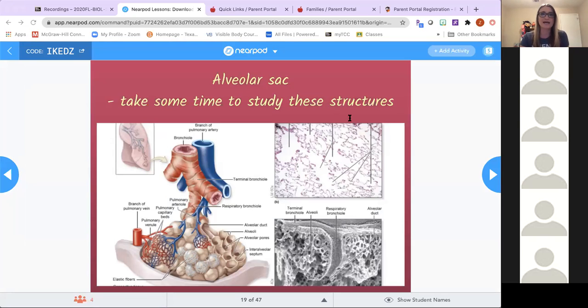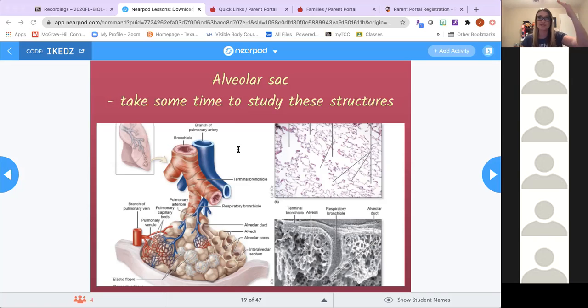All right, let's look at the alveolar sac. An alveolar sac is composed of several alveoli grouped together, as I've mentioned earlier. These are going to receive air from the alveolar ducts, which are branches of the respiratory bronchiole. The respiratory bronchiole is the first structure of the respiratory zone, and a respiratory bronchiole is a branch of a terminal bronchiole.